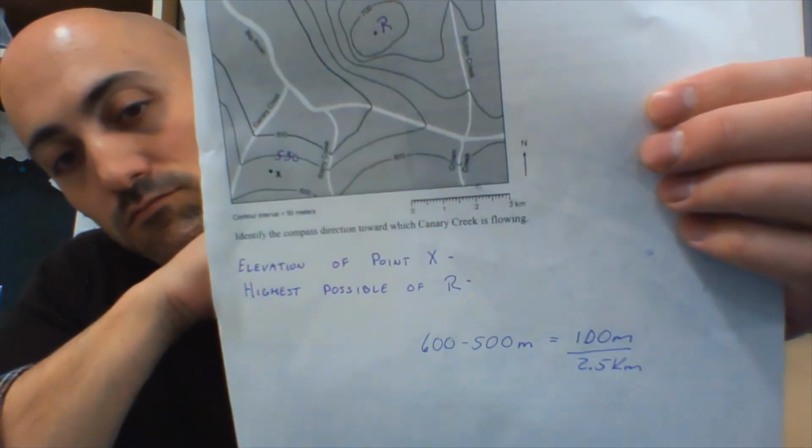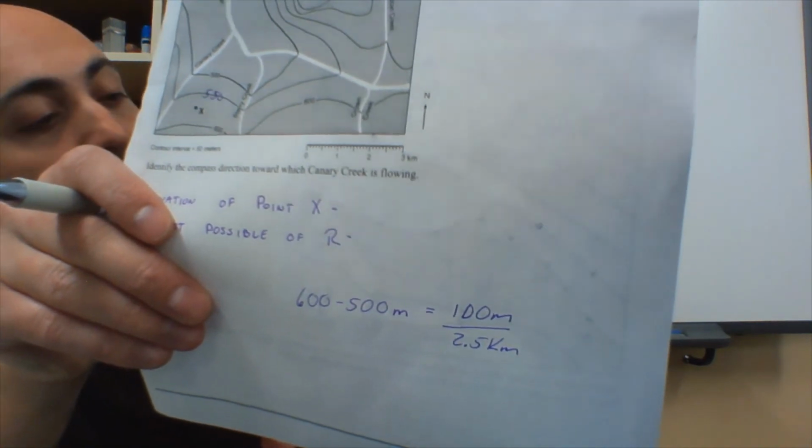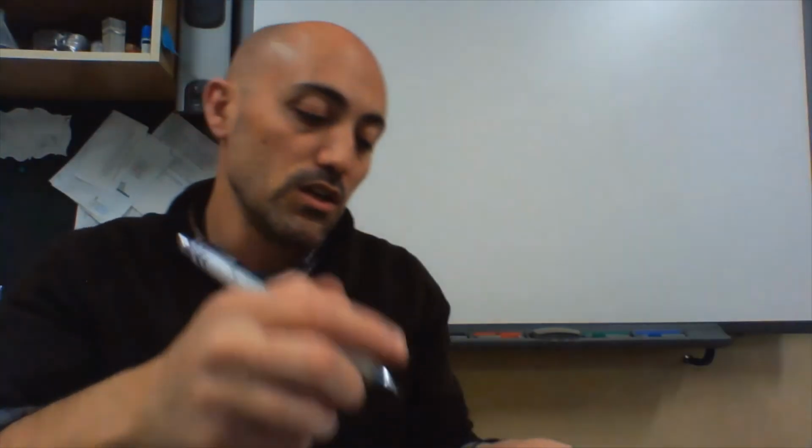So we have 600 minus 500 was 100 meters divided by 2.5 kilometers. Hey Siri, what's 100 divided by 2.5? It's 40. If they don't tell you anything, I'd like you to go to the nearest tenth.